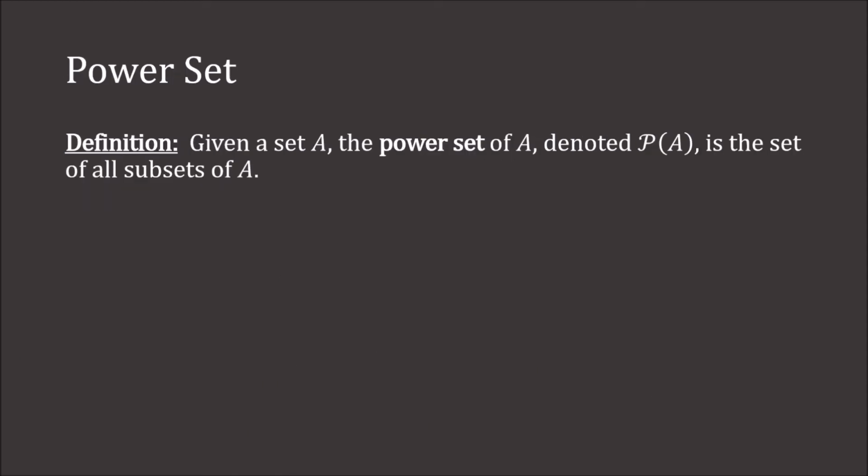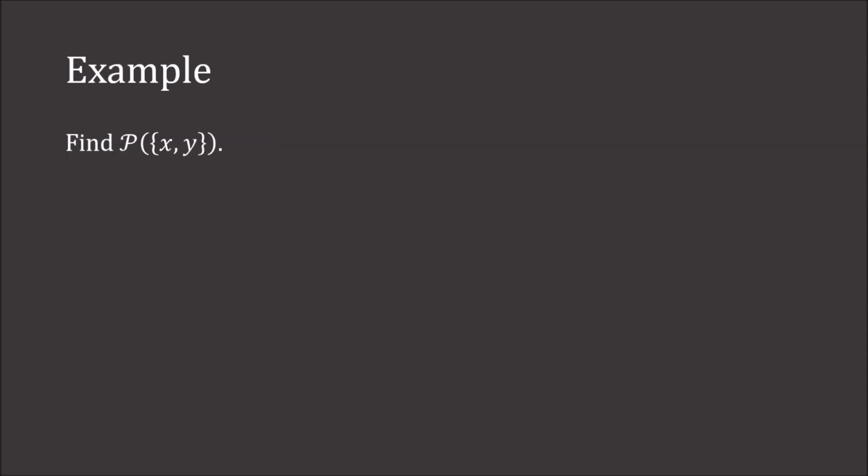Now, if we're given a set A, the power set of A, which is written as script P of A, is the set of all subsets of A. So we're going to find the power set of the set {x, y}. So first list out the subsets of the set {x, y}.